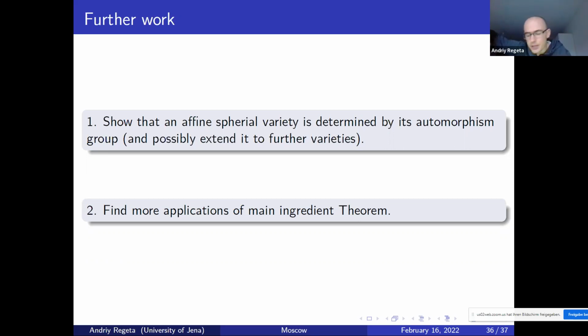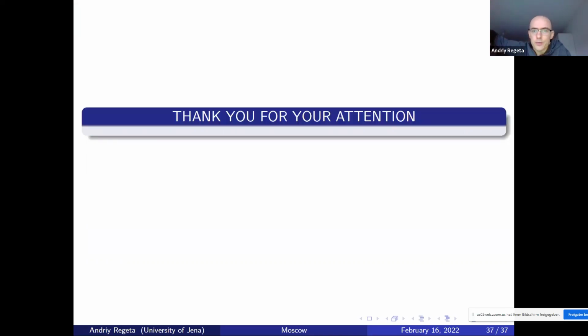So yeah, this is just one small remark. And I thank you for your attention, and I'm very happy to answer any questions. Well, at least if I can answer them.